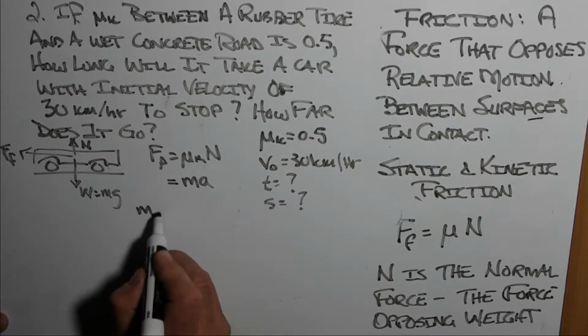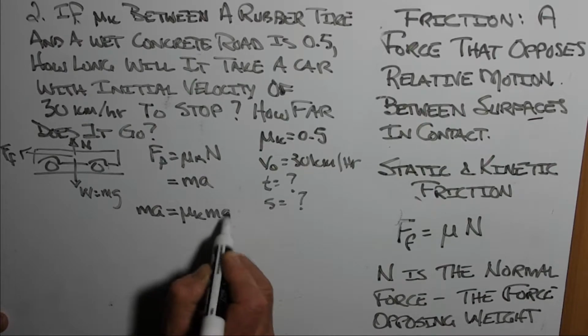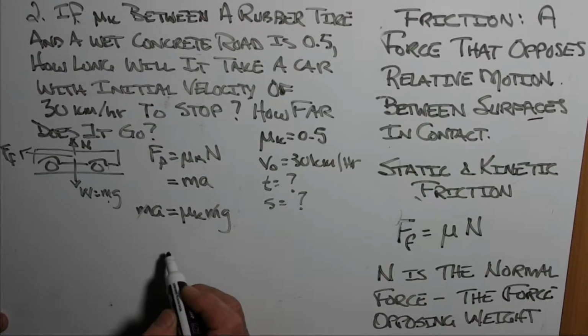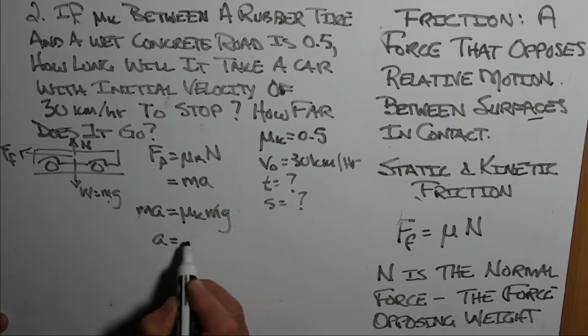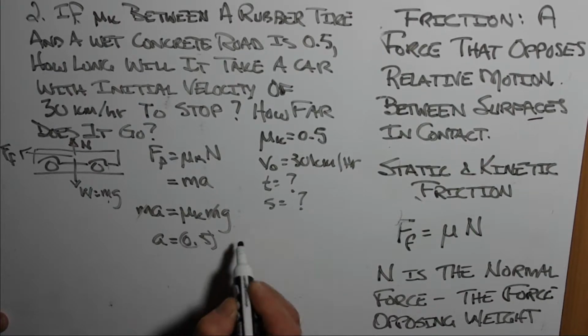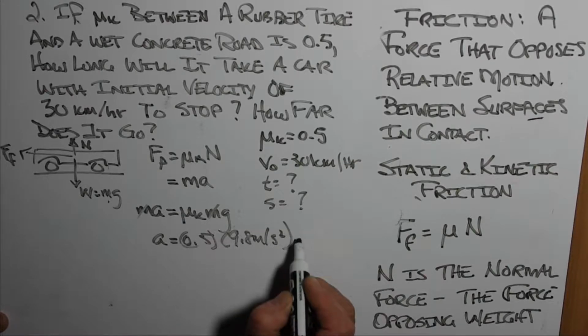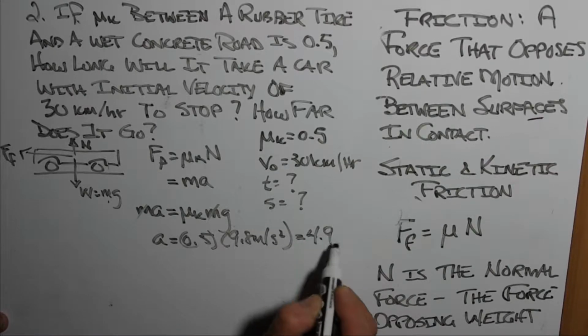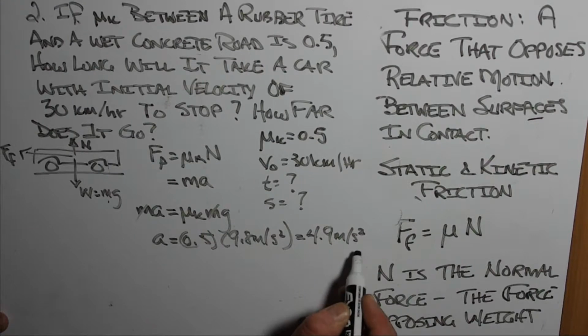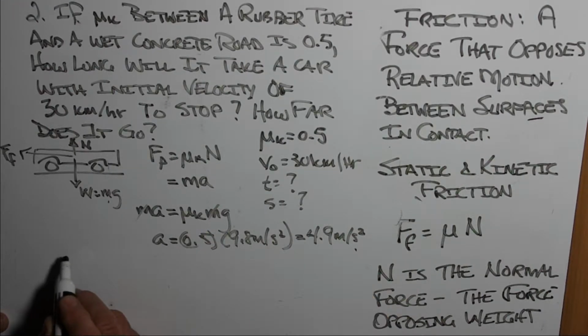As before, we have F sub F equal to the coefficient of kinetic friction times the normal force, which is equal to mass times acceleration, which allows us to say that the acceleration is equal to 0.05 times 9.8 meters per second squared, giving us a numerical value of 0.49 meters per second squared for the deceleration of the car.